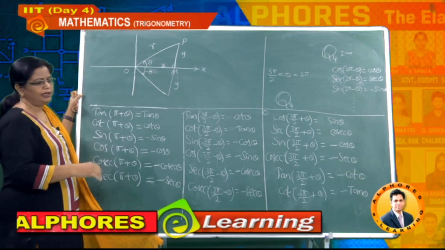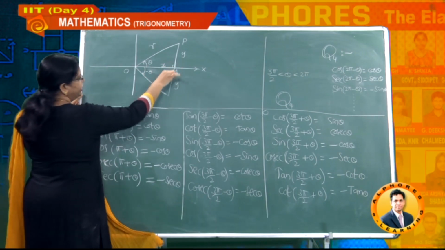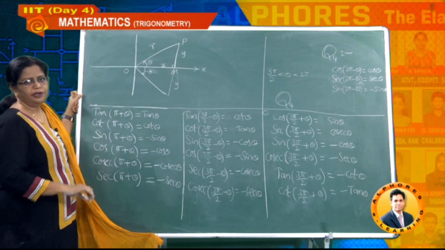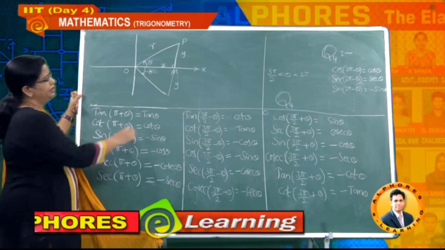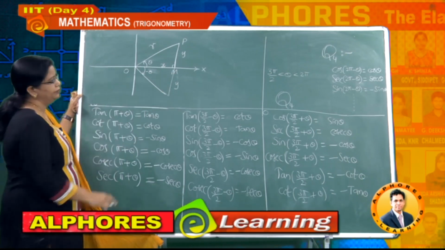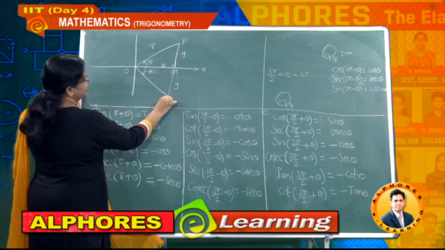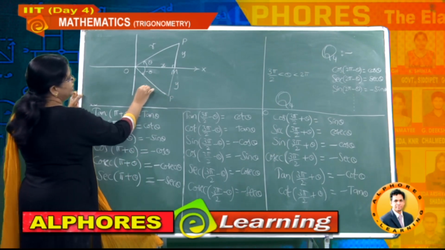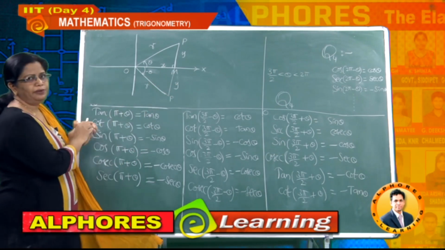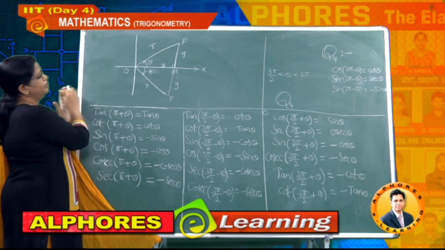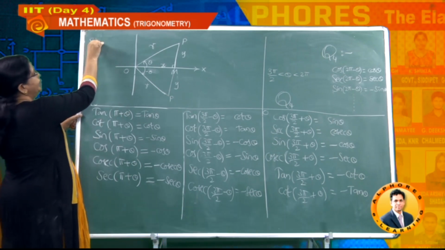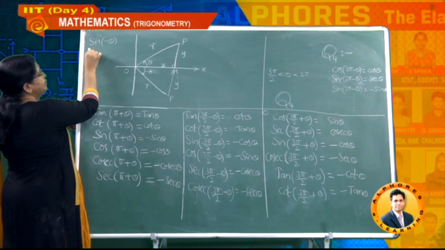Okay, here clockwise direction, this is X, Y. Now where did it come? The line entered into the fourth quadrant, and you know in the fourth quadrant these Y values are negative. And now if I take this point P and this is our usual R, then if I conclude, what is sine of minus theta here?